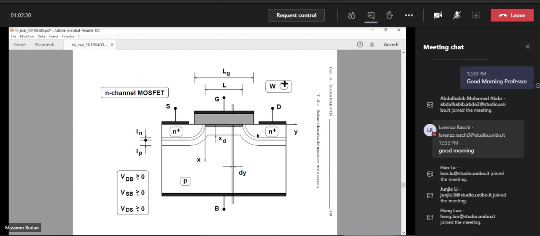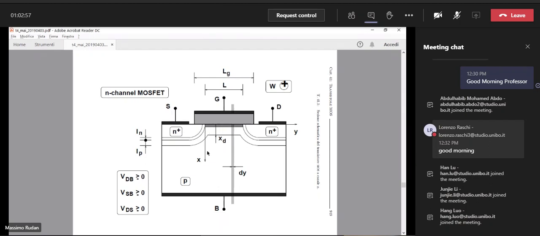So the saturation current of the two junctions does exist, but it is very small. So we neglect the saturation current of the two junctions, and we assume that there is also no current through the bulk contact. So there is one and only one current from drain to source.